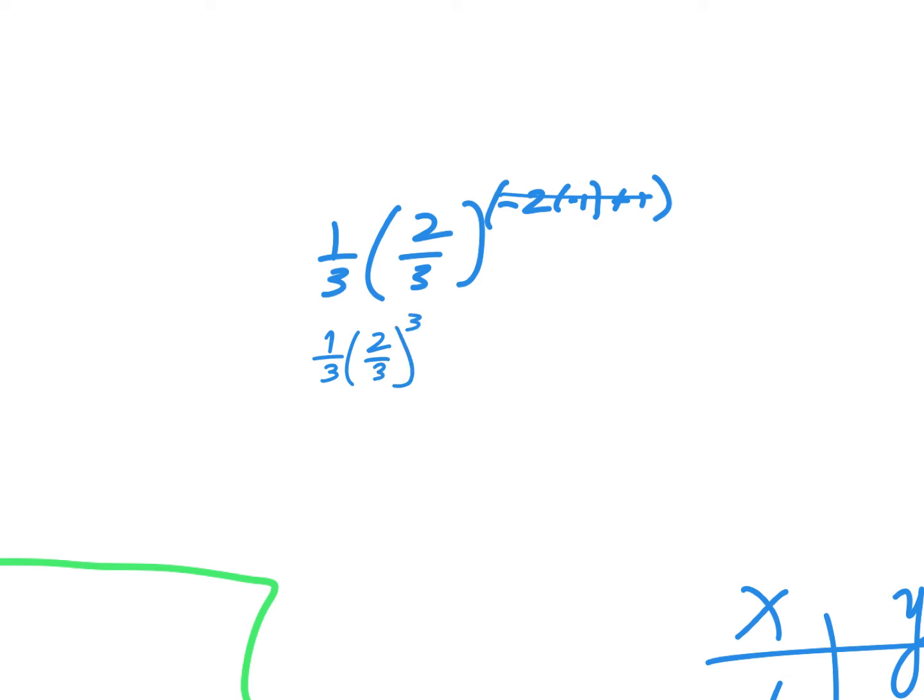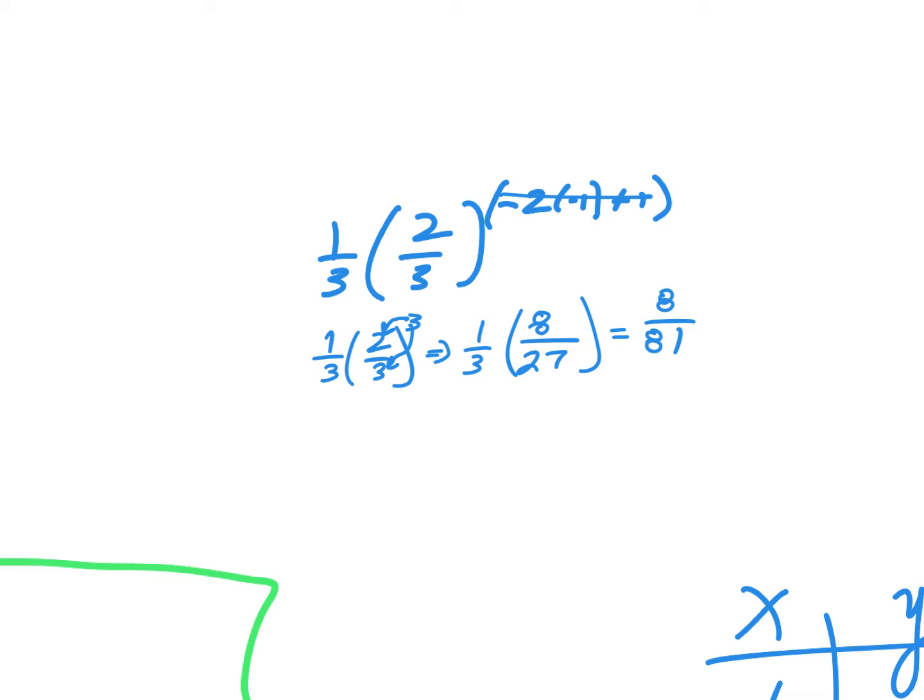Well, what does that look like? The 3 goes to the top and to the bottom, right? So I have 1/3 times 2 to the third power is 8. 3 to the third power is 27. Okay. Can't cross cancel or anything. So I have 8 over 81. Yes?